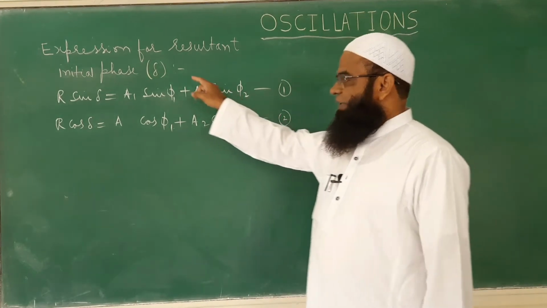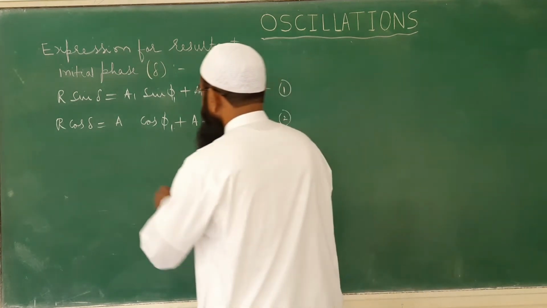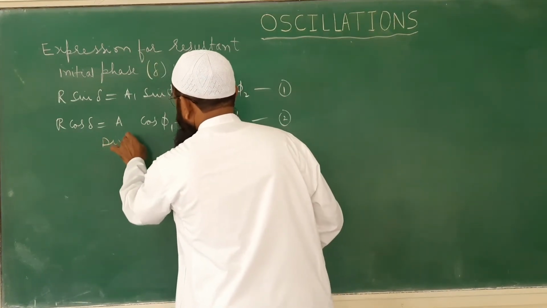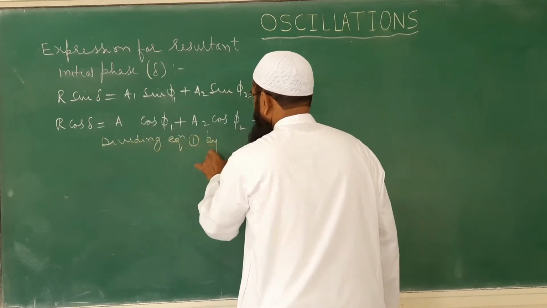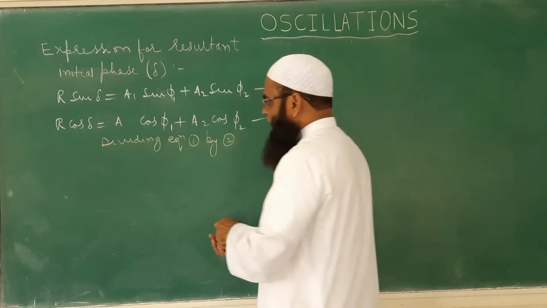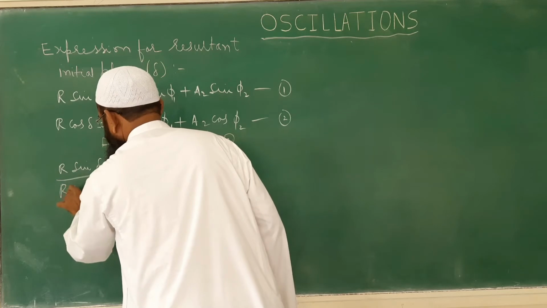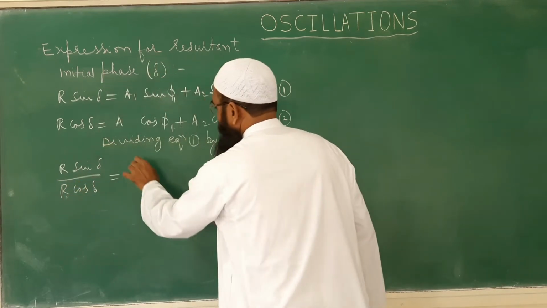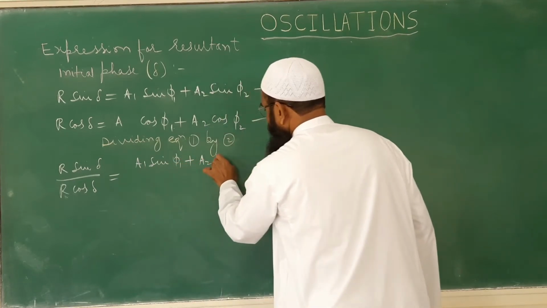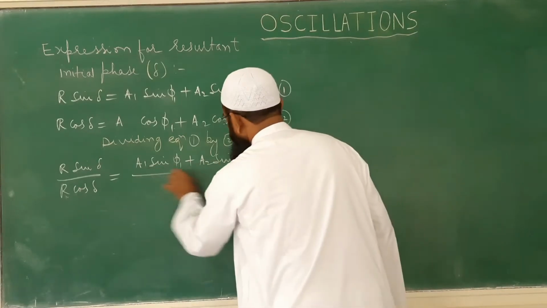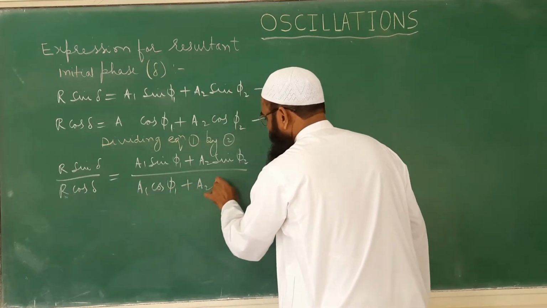So for finding the value of delta, we will divide equation 1 by 2. So r sin delta upon r cos delta is equal to a1 sin phi 1 plus a2 sin phi 2 divided by a1 cos phi 1 plus a2 cos phi 2.